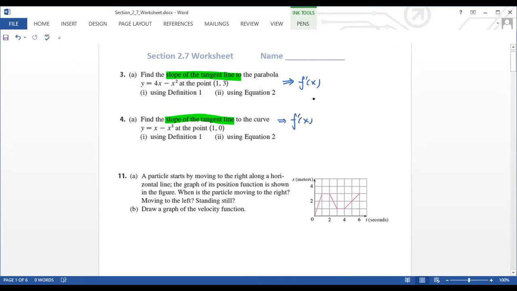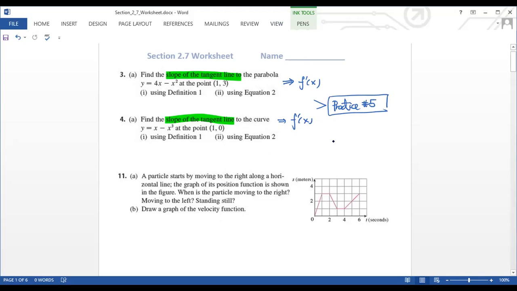We're not going to do this because we did a lot of practice on practice set number 5, showing how to use equation number 2 to find the slope of the derivative.